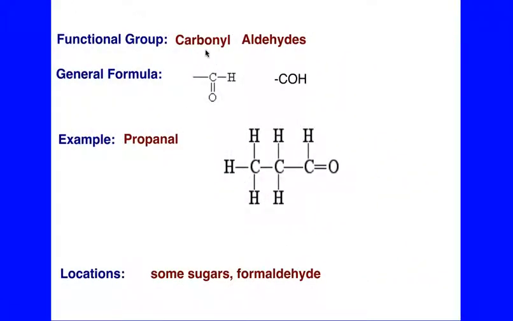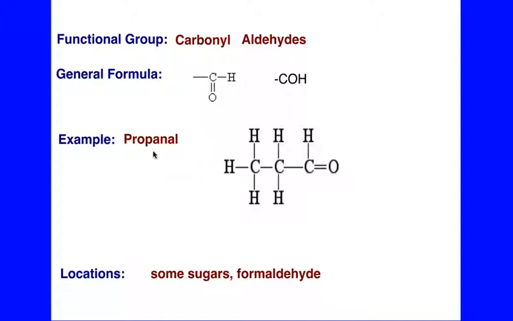All right, the next functional group is called a carbonyl aldehyde. An aldehyde is going to be in the general formula of carbon, and there's a single bonded hydrogen and a double bonded oxygen, excuse me. So we would use the letters COH to show that there is a double bonded oxygen and a single bonded hydrogen.